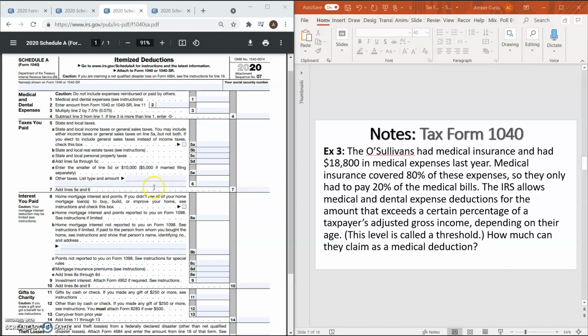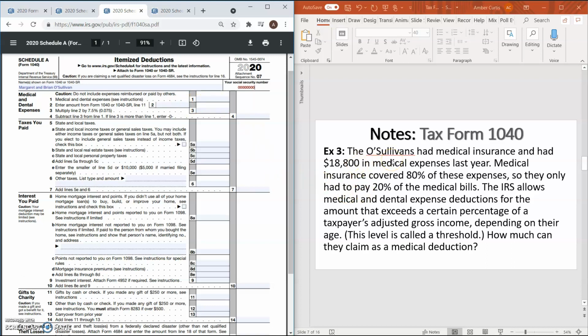All right, so now we're going to look at Schedule A to determine any additional deductions that the O'Sullivans might qualify for. So we're going to, once again, be filling out this form for Margaret and Brian O'Sullivan. And we would like to determine what medical and dental expenses are qualified here.